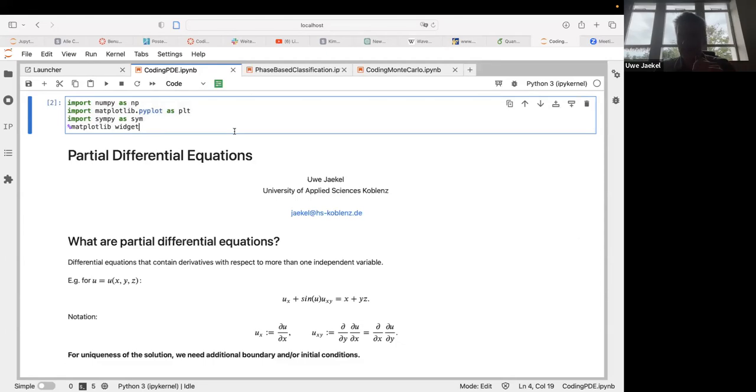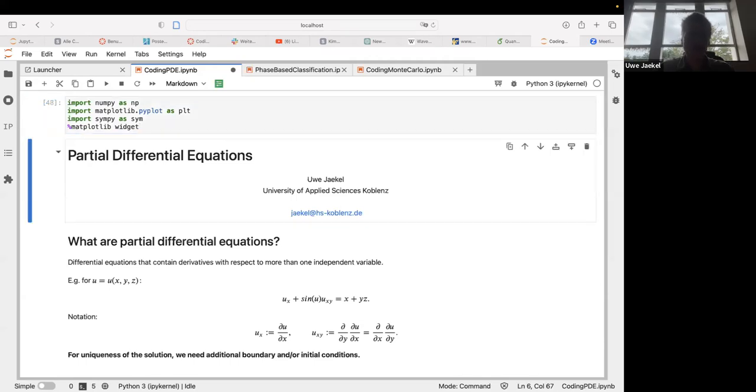If you want to make use of the Python code that is embedded in the Jupyter notebook, you should be able to run this, and you may want to replace matplotlib widget with matplotlib inline. We have discussed this on Tuesday. So let me run this.